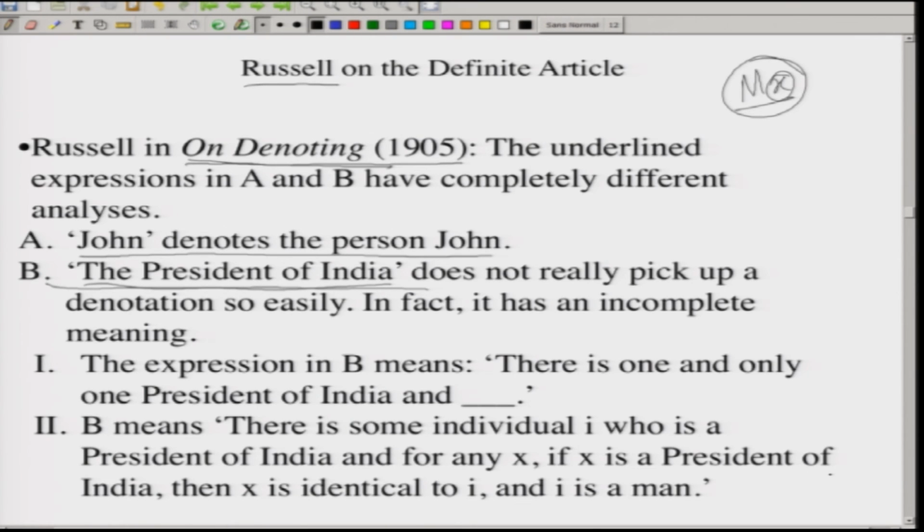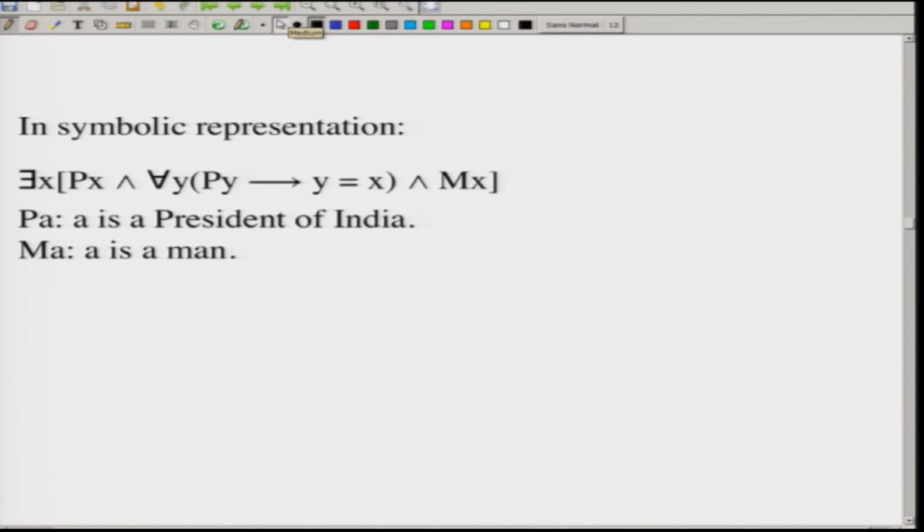Now, why is it put in such a complicated manner? It is because I have to ensure a few things here. So, you can see the symbolic representation of it.